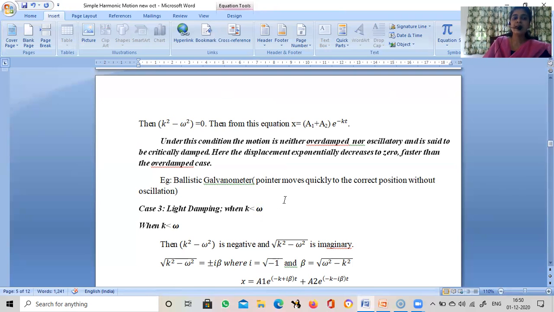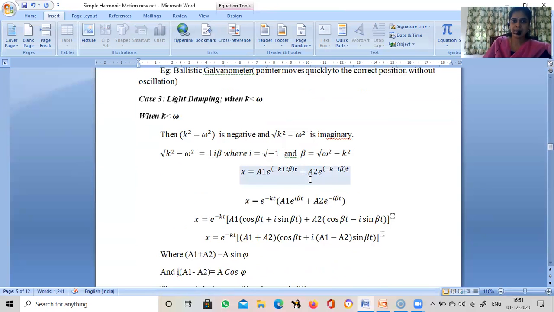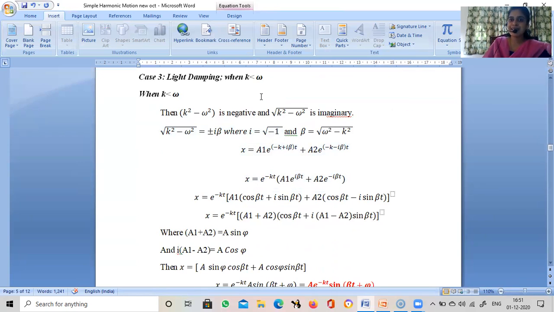Now we are moving to the third case, that is light damping or underdamped condition. In the underdamped condition, k is less than omega. When k is less than omega, k square minus omega square is negative, so root of k square minus omega square will be imaginary.